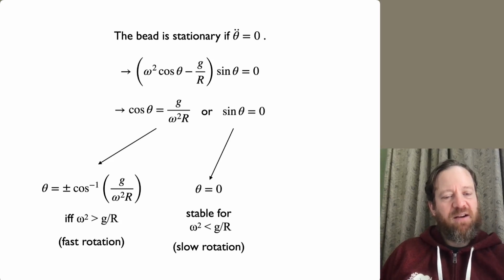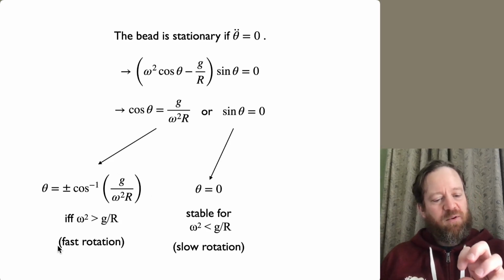In fact, it will sit there until omega squared is greater than g over r, in which case this will be the new solution. In other words, while speeds are slow, the bead will sit on the bottom, and then when speeds are fast enough, it's going to move up to some position on the side and hold it there in the steady state.